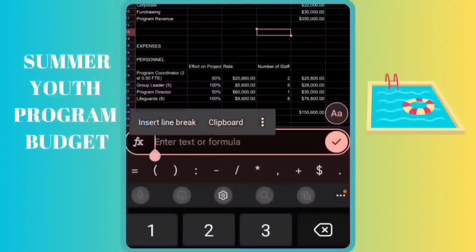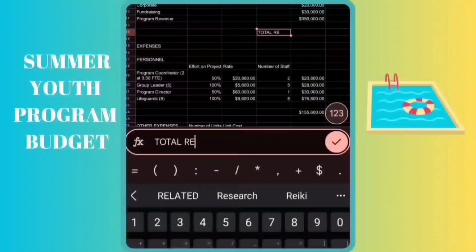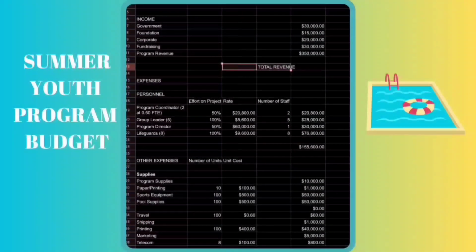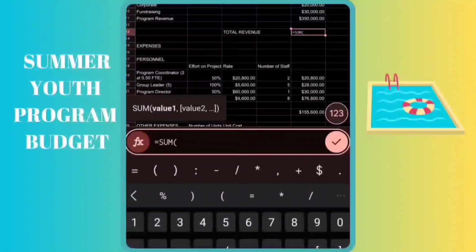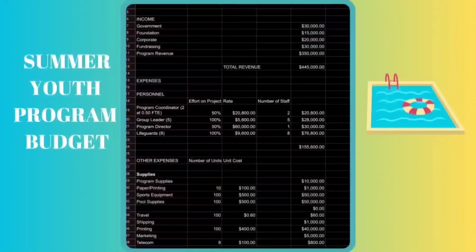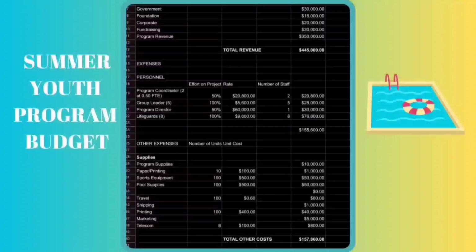Let's figure out what we have as a total possible income to start. This is for the whole summer program, all the different funding streams that we've been able to get the income for. And we'll merge these two cells. So that's the sum of all the revenue, $445,000. Again, this is all just an estimate.